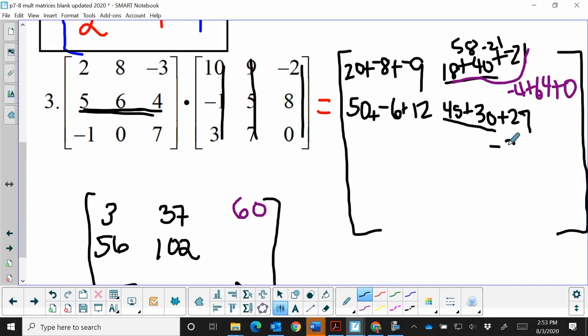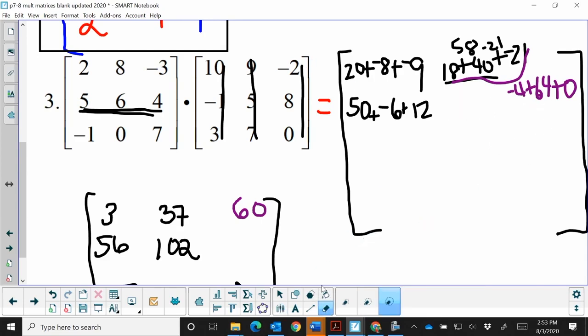I've got negative 8. Sorry, that's not negative 8. Make a little more room here. That's going to give me negative 10. Where did I get that? 5 times negative 2. Second one, 6 times 8, 48. And then 4 times 0, that's kind of nice, that's 0. So when I add those together, I'm going to get a positive 38.